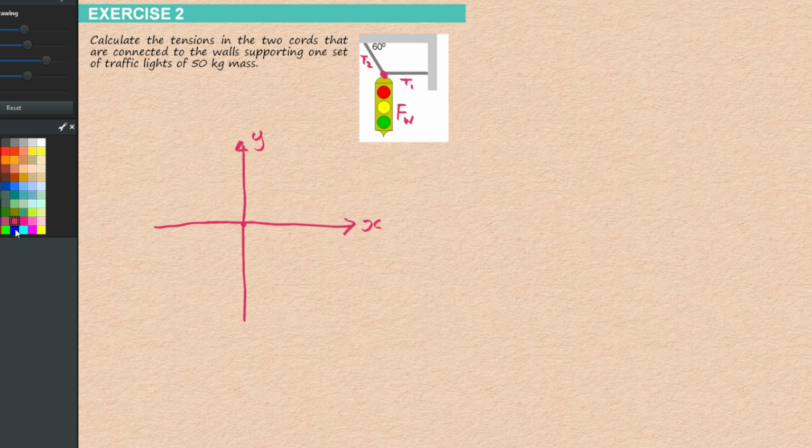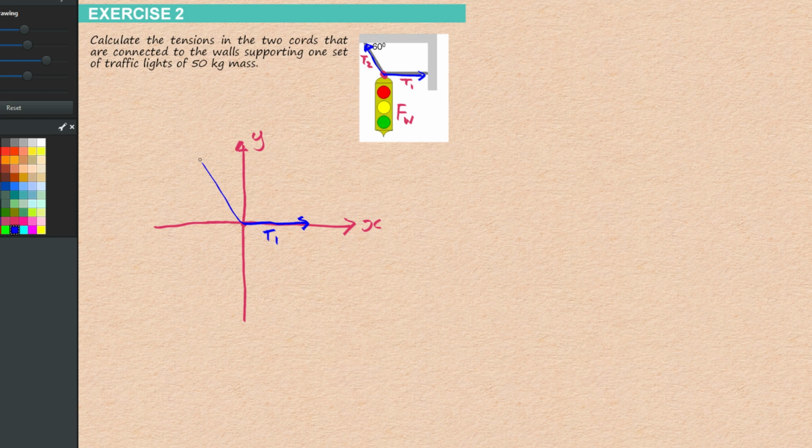Let's draw these vectors on. I'll just pick a different color. My T1 vector from this point is pulling in that direction. It's trying to pull the traffic light towards this wall. I'm going to draw that in here, and this will be T1. My other cable is up here, trying to pull the traffic light up, or providing a tension for the traffic light to stay up.